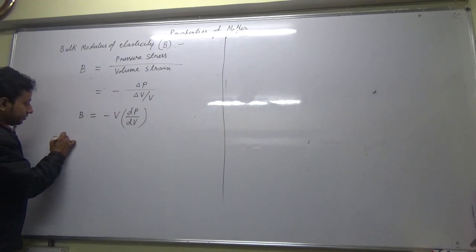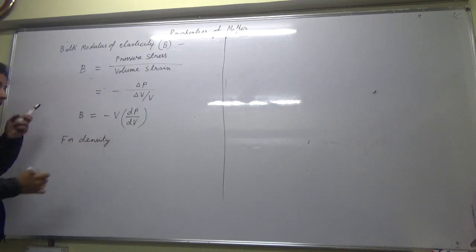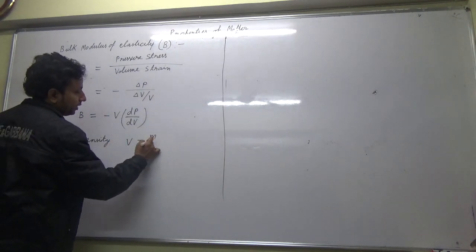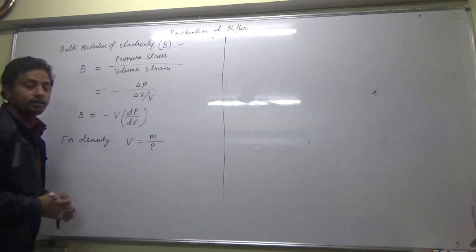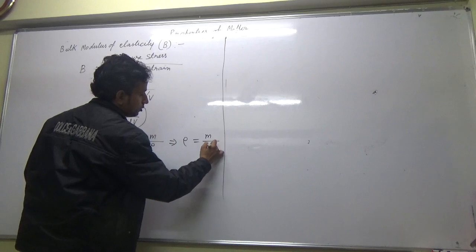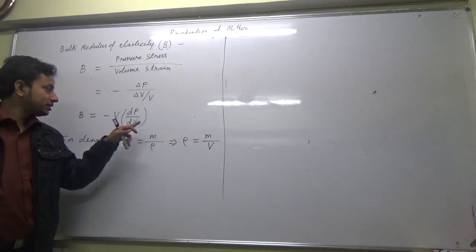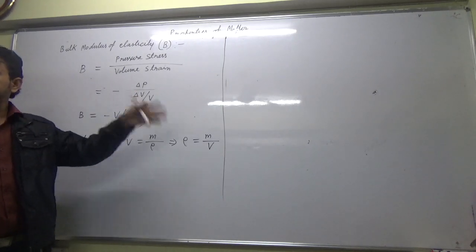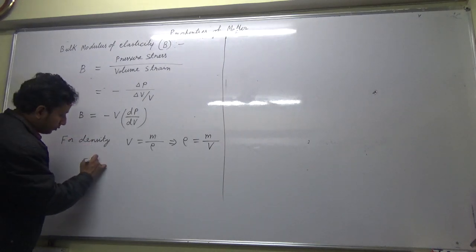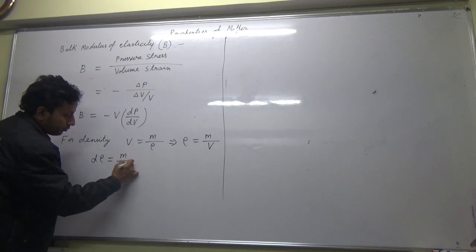Now for density, we have to relate the volume with the density. So volume is mass per unit density, or density is mass per unit volume. So if we write for small changes in volume, because this change will be small, we have seen for this chapter elasticity all the changes are small. So for small changes we can write d rho equal to m by v square.